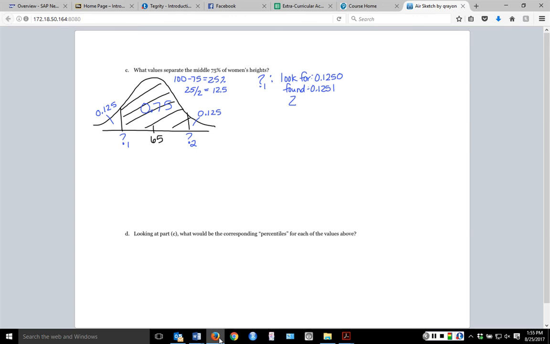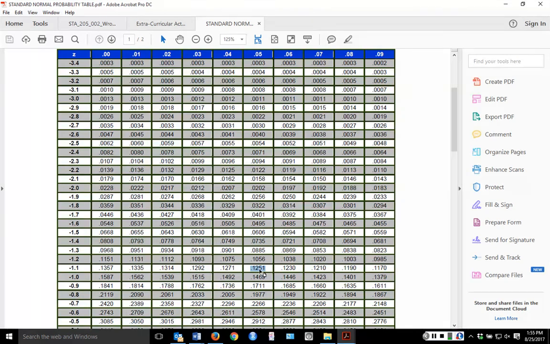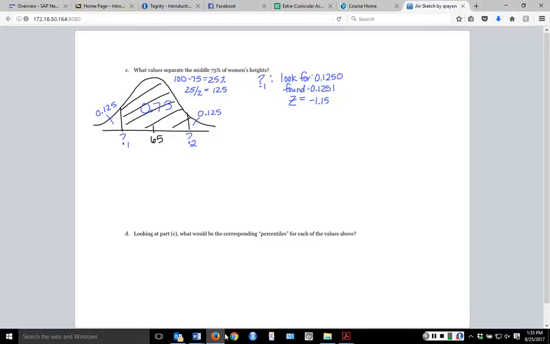But again, now I need to actually figure out what Z that actually is. So my row is negative 1.1. My column is the 0.5. So my Z, when I put it all together, will be negative 1.15. Now I can use that to plug in for my Y formula.